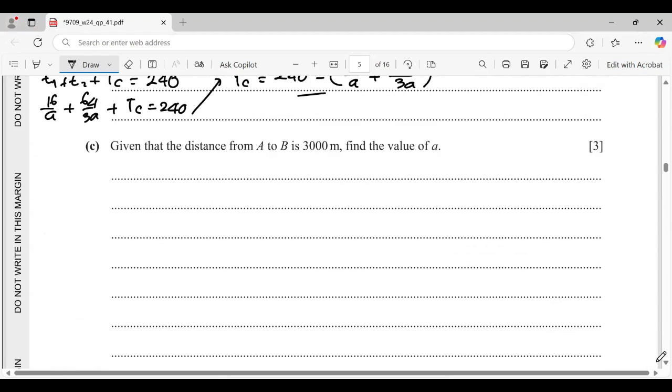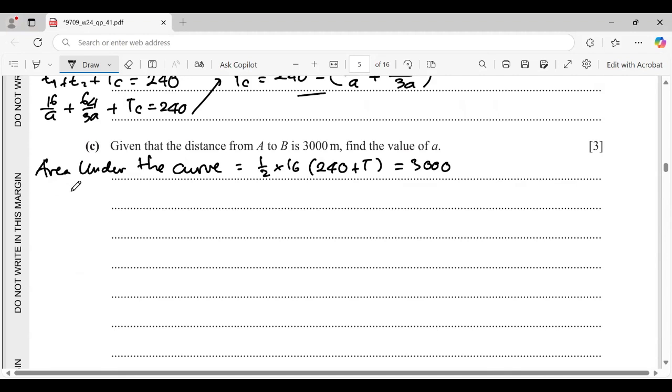Given that the distance from A to B is 3,000 meters, find the value of a. So if you look at the graph, that is the trapezium, I would like to find T, the area under the curve, which equals 1/2 times 16 times (240 plus T) equals 3,000.